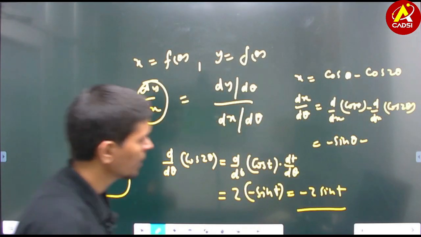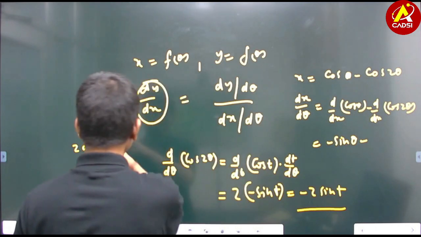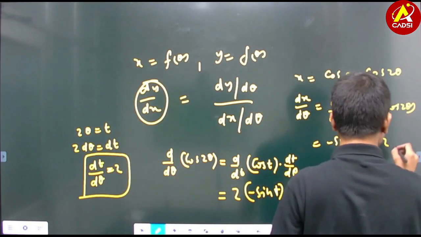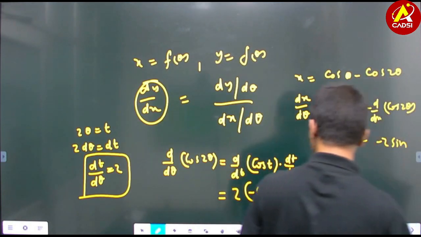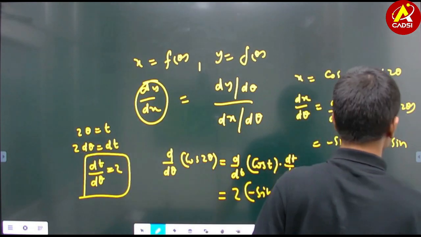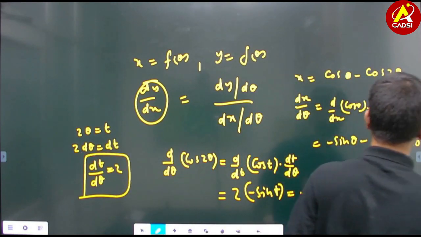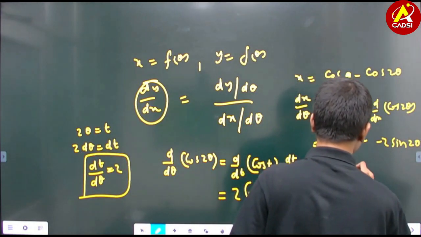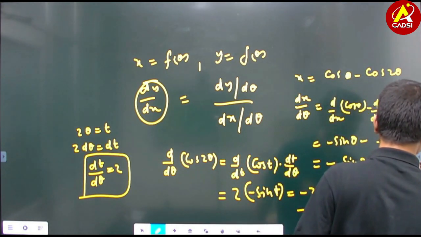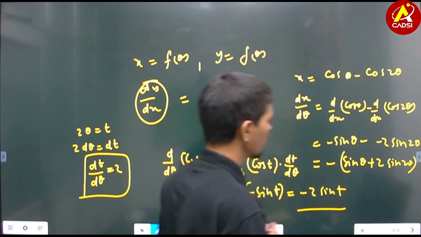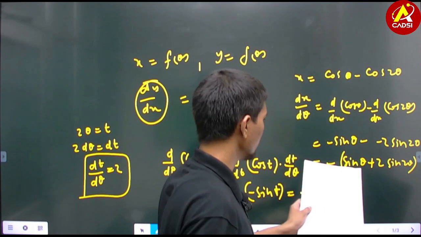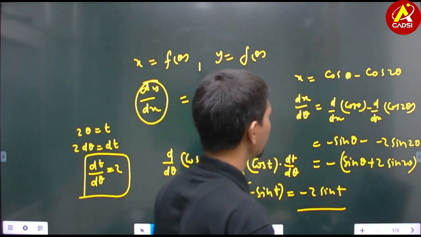Okay, so t is 2 theta, so minus 2 sin 2 theta. So dx upon d theta is minus sin theta plus 2 sin 2 theta. Okay.